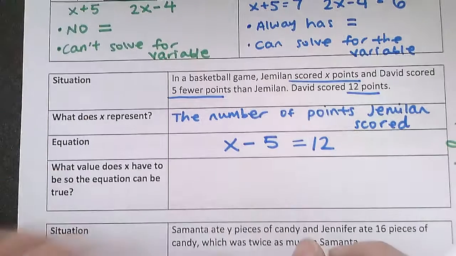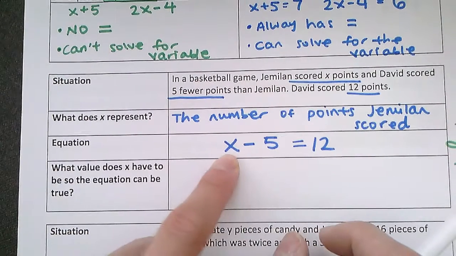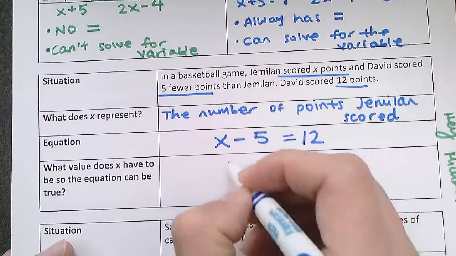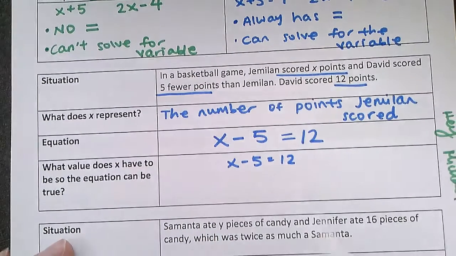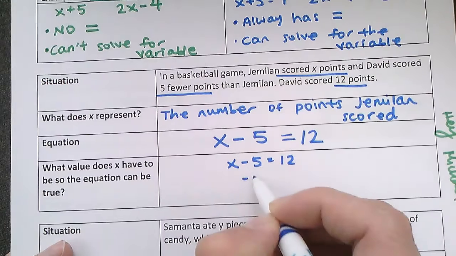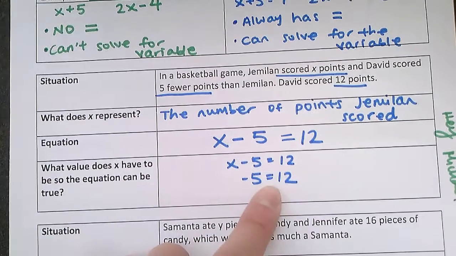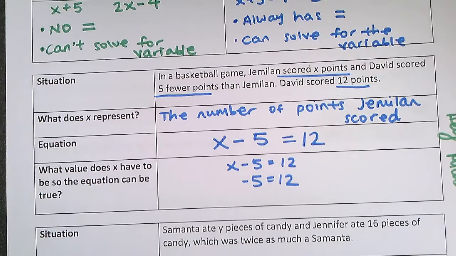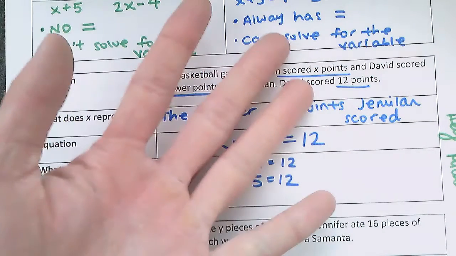And since it's an equation, I can solve for what this variable has to be. So X minus 5 equals 12. And I think to myself, what number minus 5 would give me 12? Well, I can count it out. 12, 13, 14, 15, 16, 17.